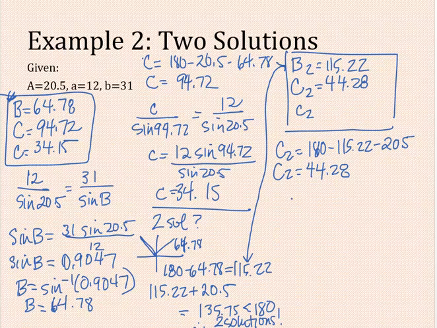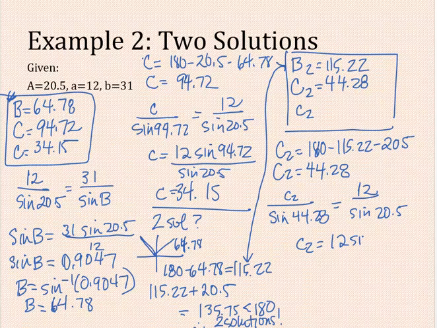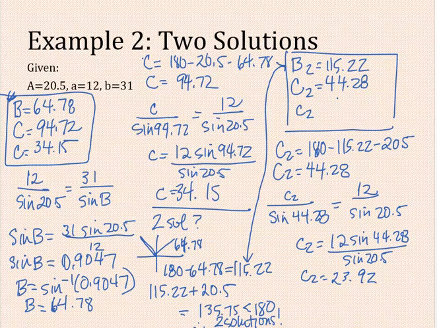Now I just do another proportion, one more, to find little c2, and I get 23.92.